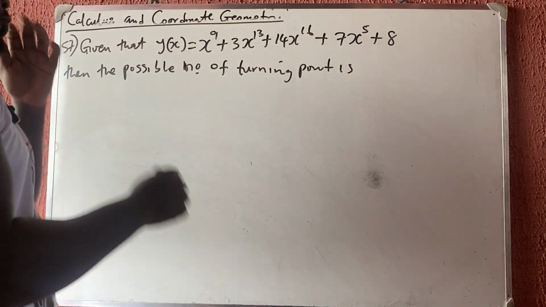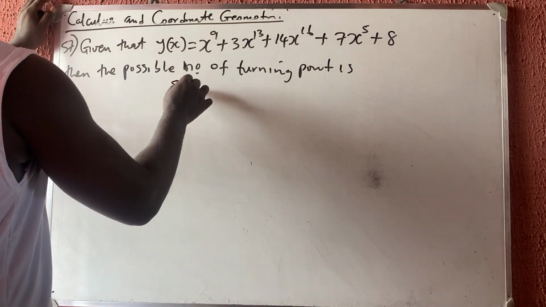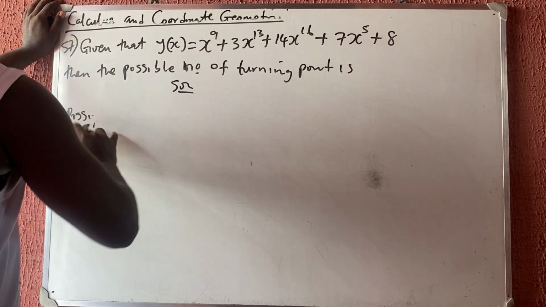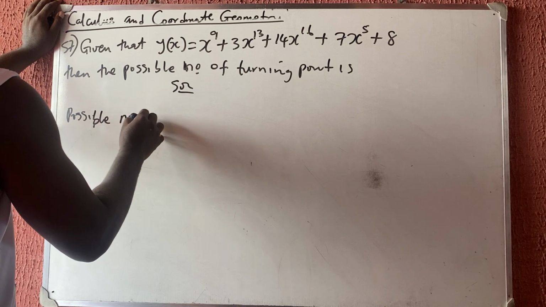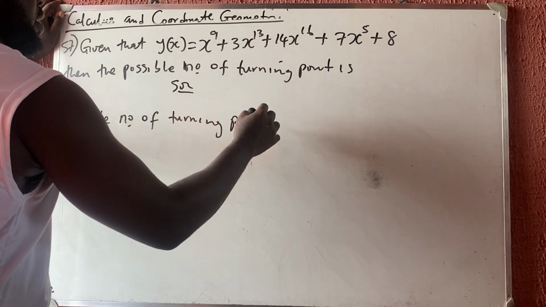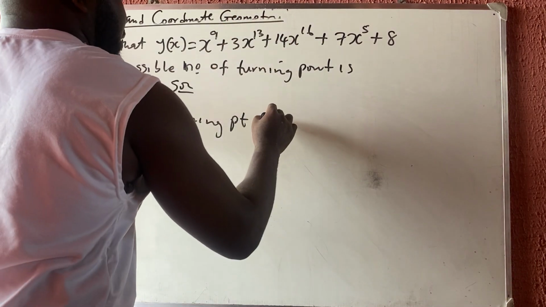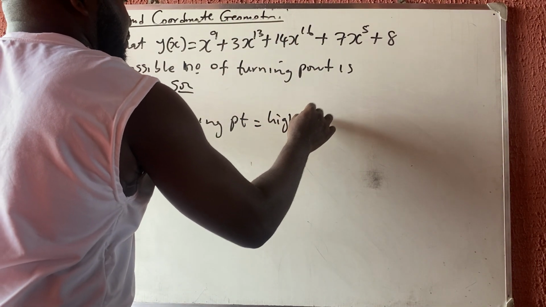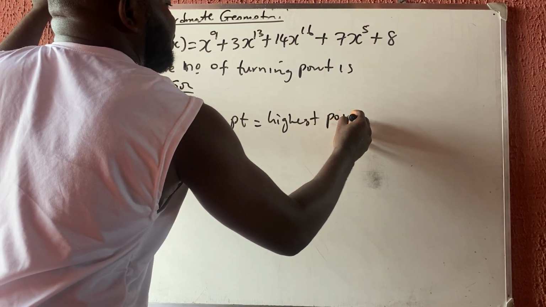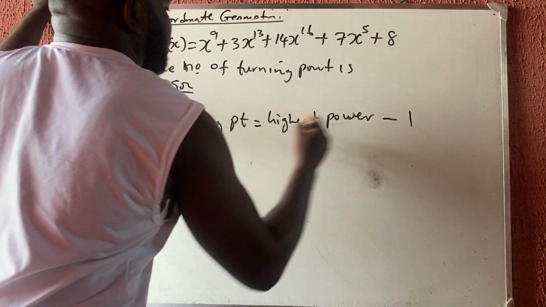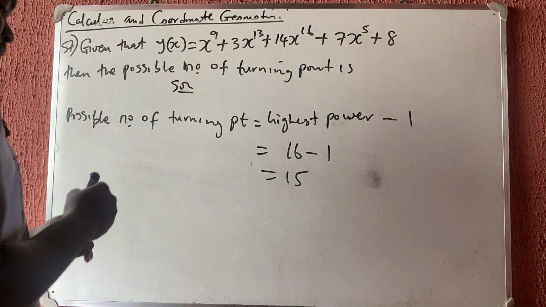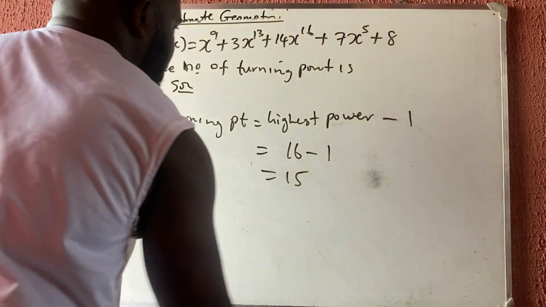In fact, the possible number of turning points is simply the highest power minus 1. The highest power here is 16. 16 minus 1 will give you 15. So it's a very simple question. So go to the next question.